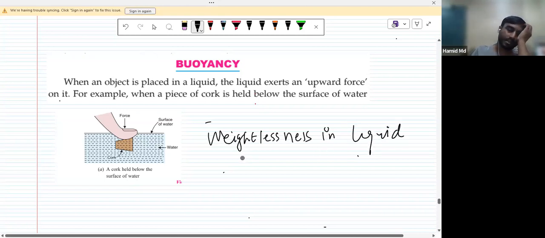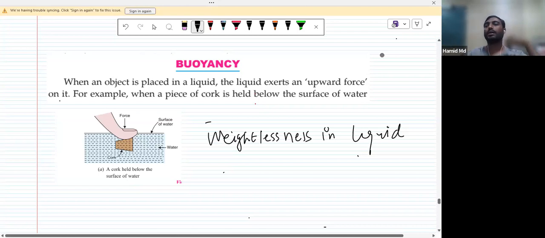The same way as when we feel that gravity, or acceleration due to gravity, is effective, not exactly 9.8. It's something less than that. So we say that it is effective weight. The actual weight is less than the original weight.